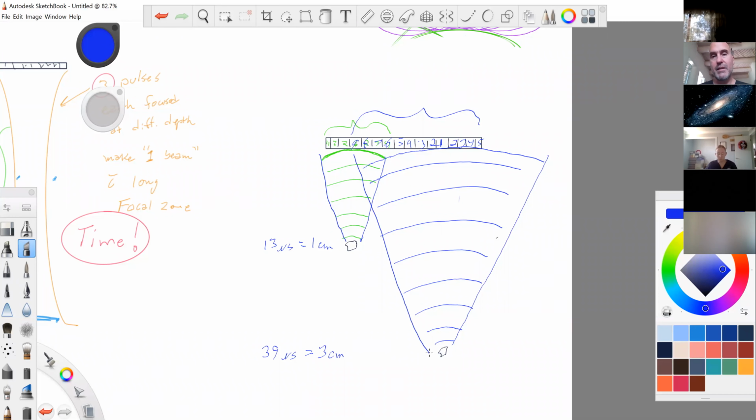By timing the listening, by saying, okay, at 13 microseconds, we're going to put a time frame. How do I say this? We're going to delay inside elements enough for the outside elements to catch up.